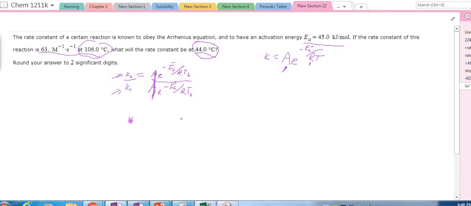Okay, so now, just by the laws of exponents, I can arrange this a little bit differently. I can say that K2 divided by K1 is going to equal E raised to the minus EA over R, multiplied by the quantity of 1 over T2 minus 1 over T1.